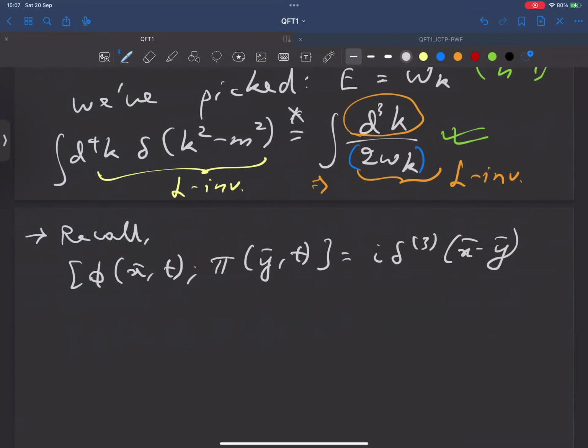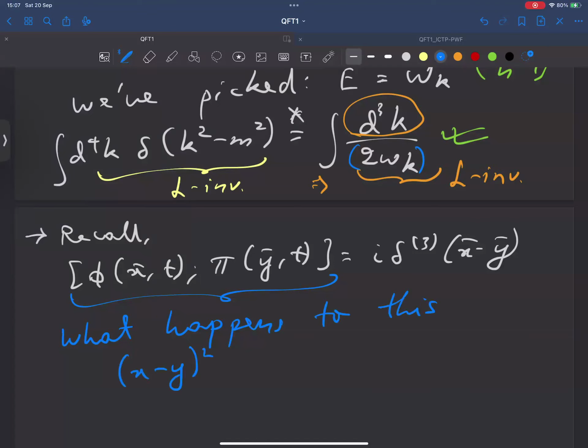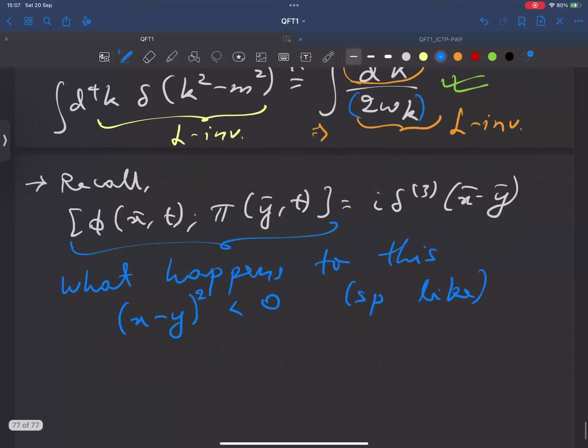It amounted to imposing this commutation relation at equal times. And now let's try to see what happens to this object when we look at space-like separated points. And that will lead us to a notion of causality that we will need.